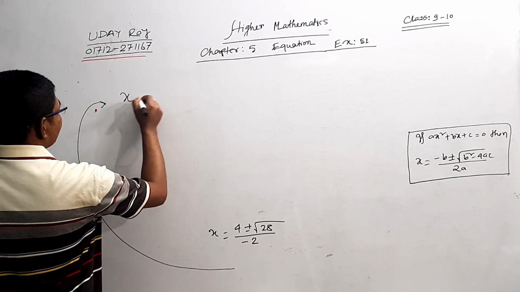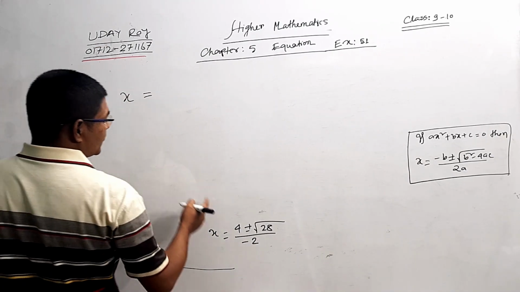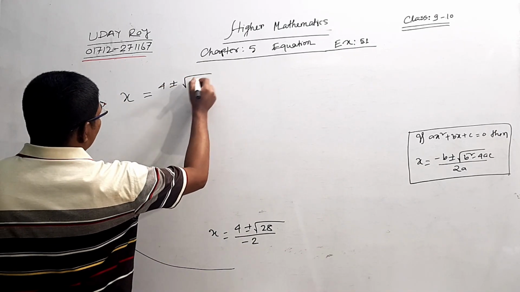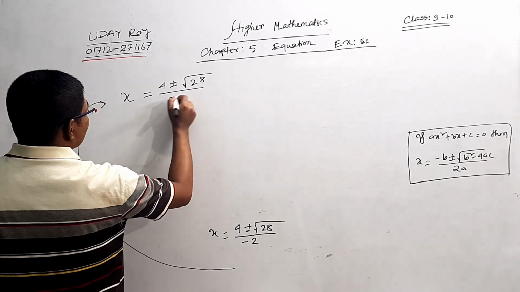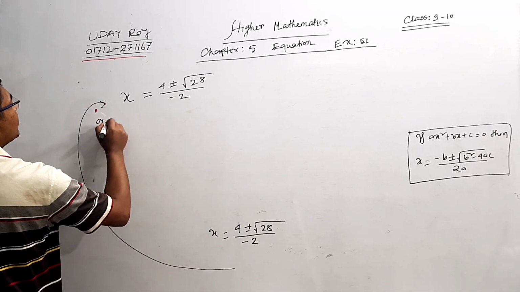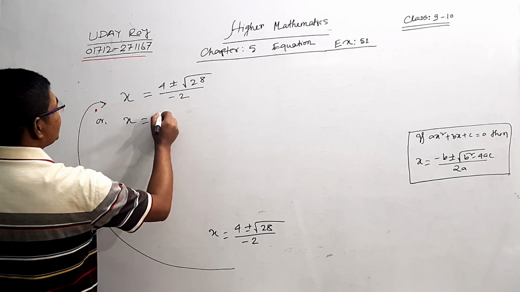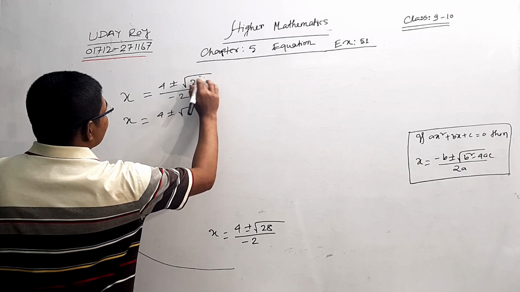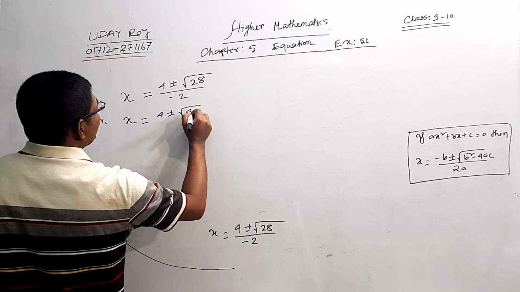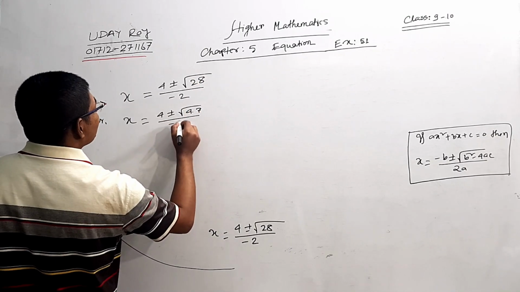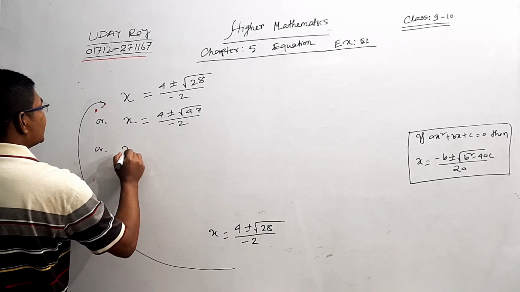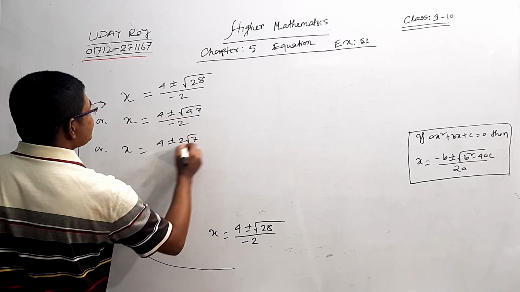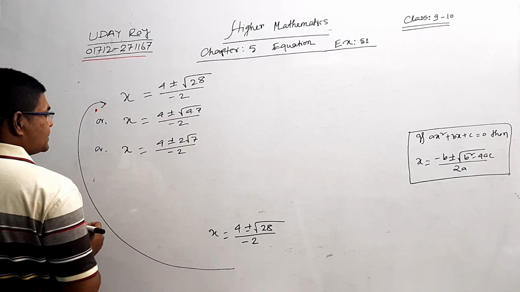We have got x equal to plus 4 plus minus square root of 28 divided by minus 2, or x equal to 4 plus minus square root of 4 into 7 divided by minus 2, or x equal to 4 plus minus 2 square root of 7 divided by minus 2.